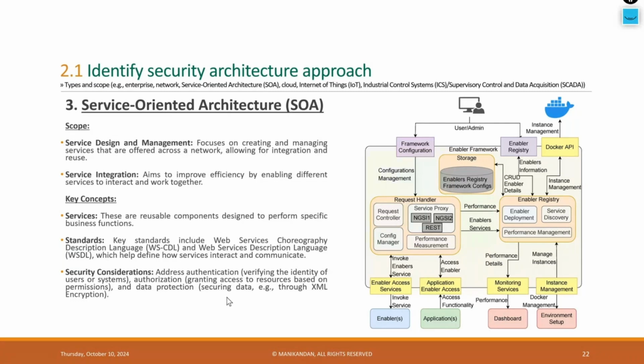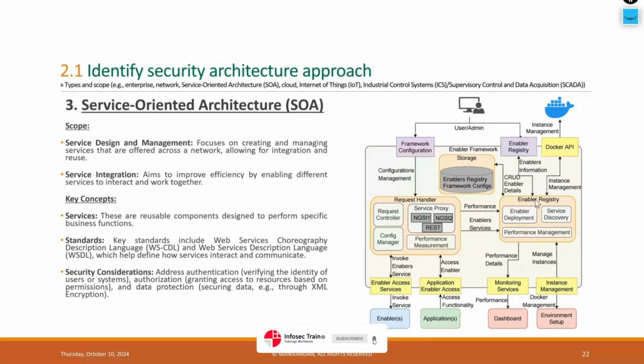Now if you see over here on the right hand side of the diagram, we have a user and admin. We have a framework configuration which is used for configuration management, where we have a request controller, service proxy, and configuration manager, by which we are able to access the services. Then we have Docker as well, where we talk about the enabler registry, with the help of which we are able to identify the services.